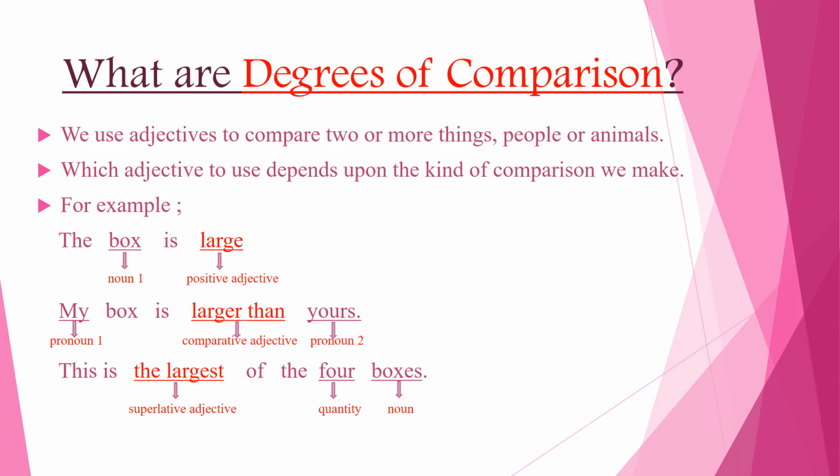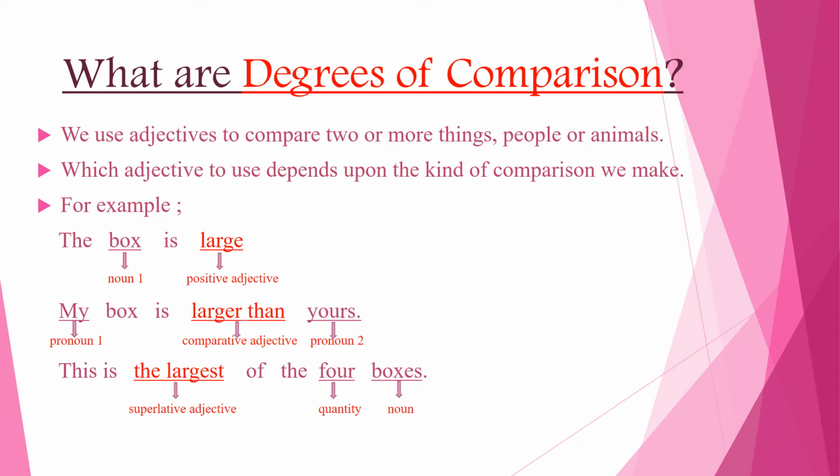So, I have used a comparative adjective in the sentence which is larger. And as the rule says, I have added than, T-H-A-N. So, in sentence number 2, I have compared two things, my box with your box.